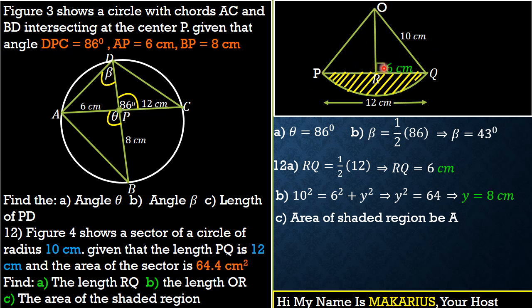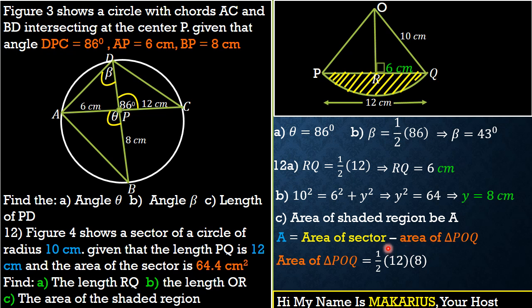The area of the sector has been given to be 64.4 centimeters squared. Then the area of triangle POQ is half base times height. Our base is the distance from P to Q, that is 12. Our height is OR, which is 8. So we have half times 12 times 8. This gives us 48 centimeters squared.